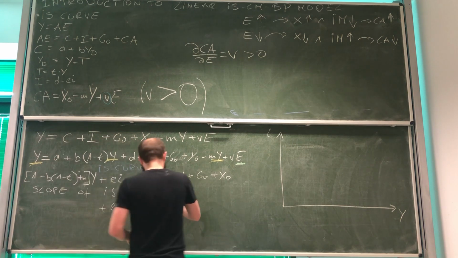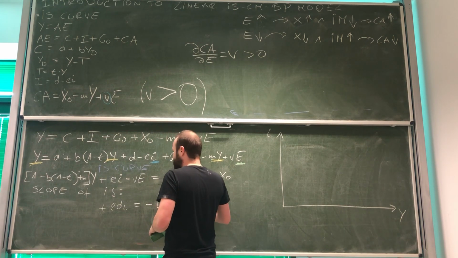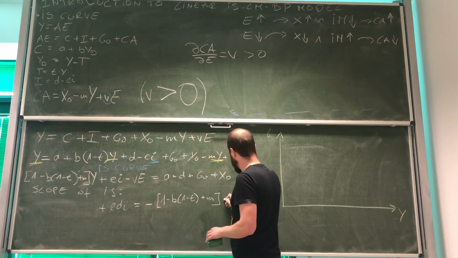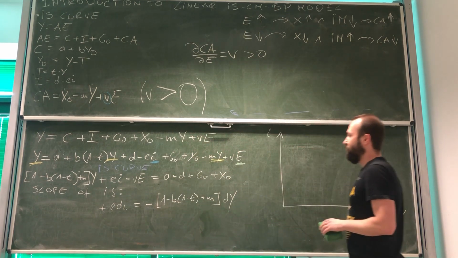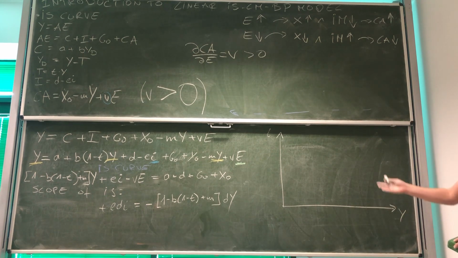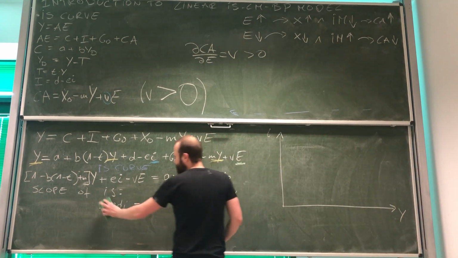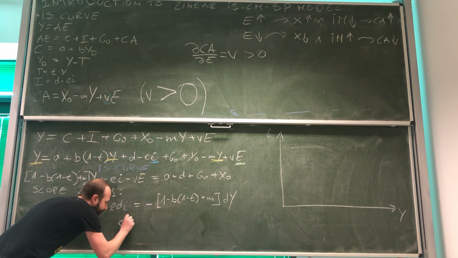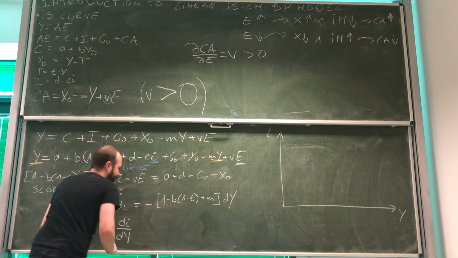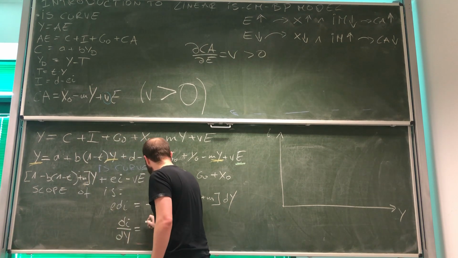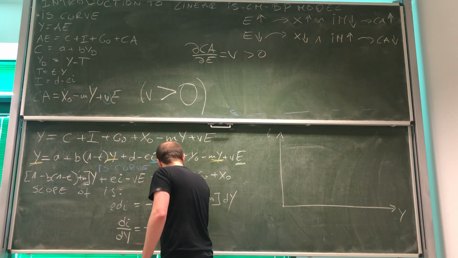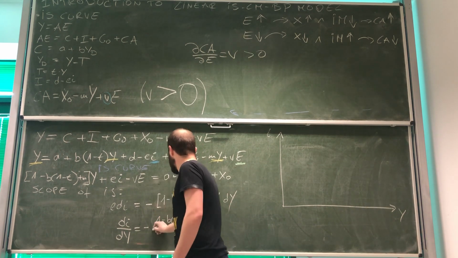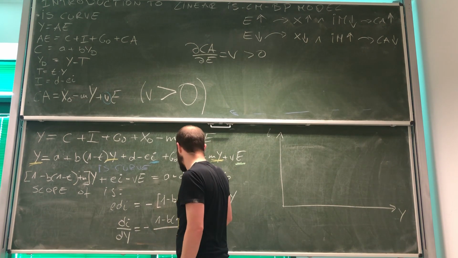So we've got 1 minus b, 1 minus t plus m dy. Right? And now look, what am I doing? Now all I need to do is to divide both sides by dy and by e. And I'm getting then di dy is equal to negative 1 minus b, 1 minus t plus m over e.